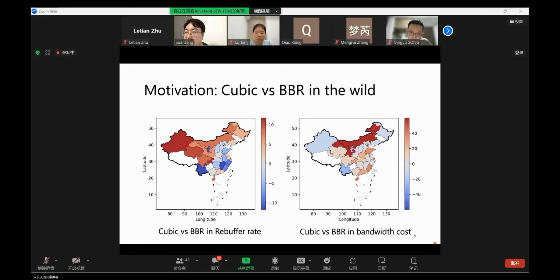But what we observed is that when we try to extend the scale of the deployment of such algorithms, we don't see worst case performance guarantees. It shows some promising results, and you see performance gains in some network conditions. But if you consider the global scale, like testing in more regions in China, you immediately see some very bad worst case performances.